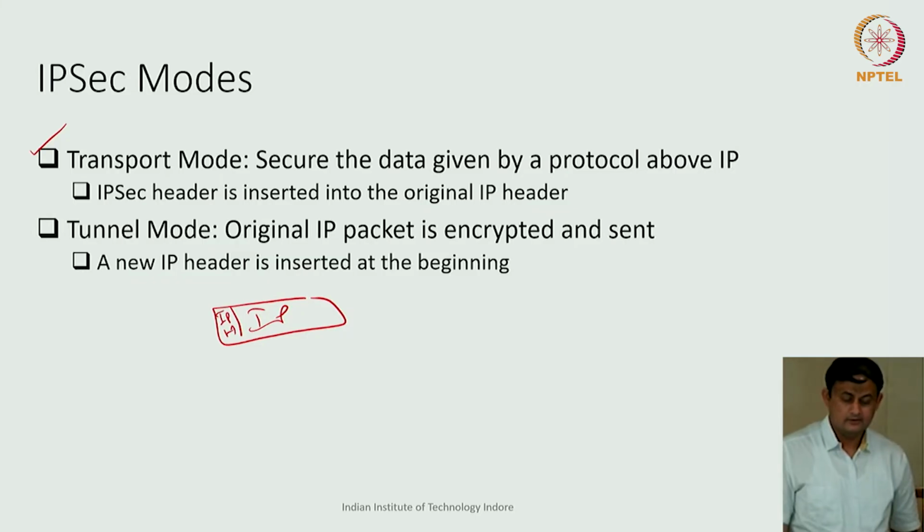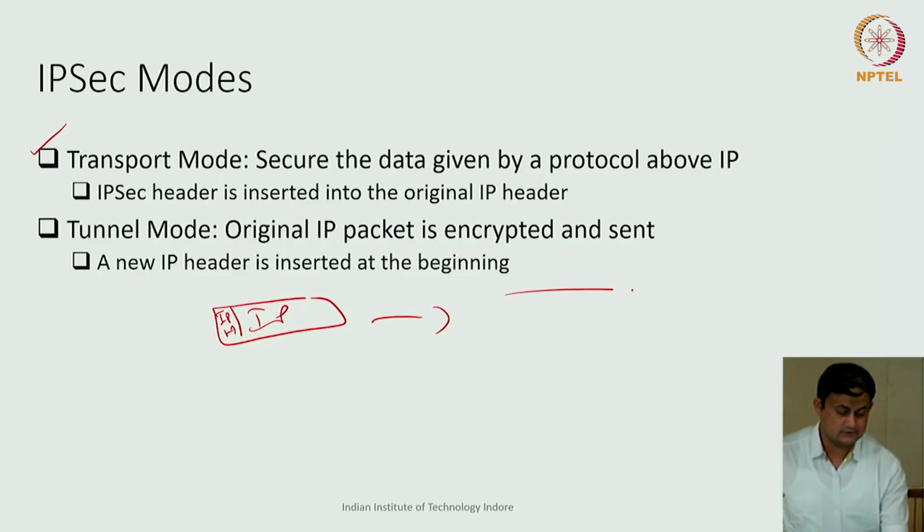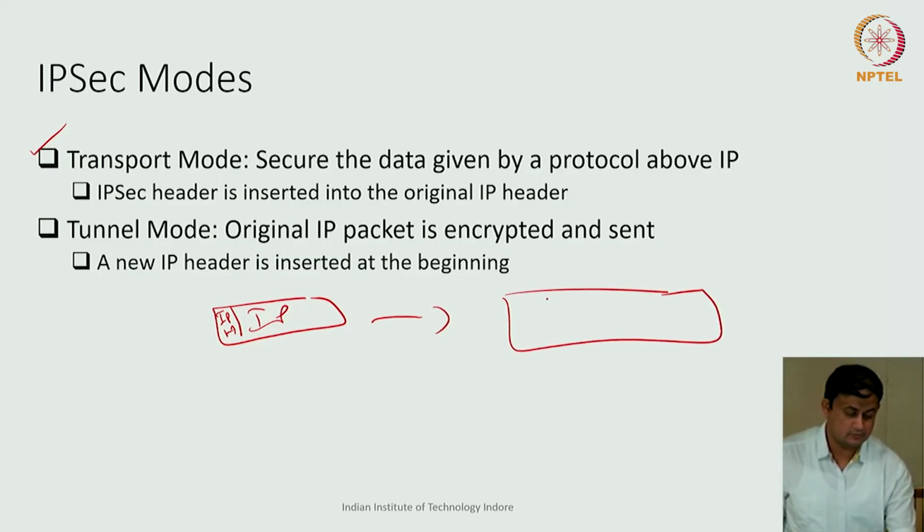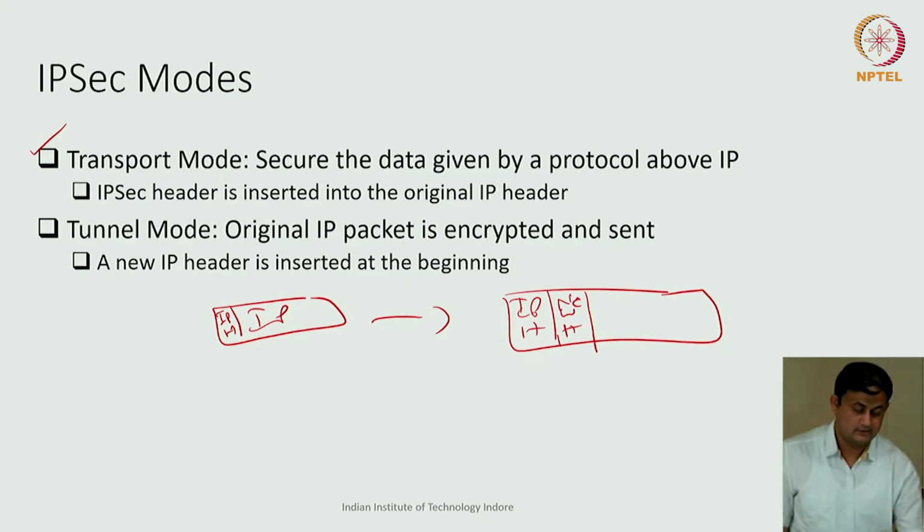In the transport mode, the original IP header is kept as it is, and in the middle a new header is added here. Let's call this the new header. Whatever is there from here to here is kept as is.